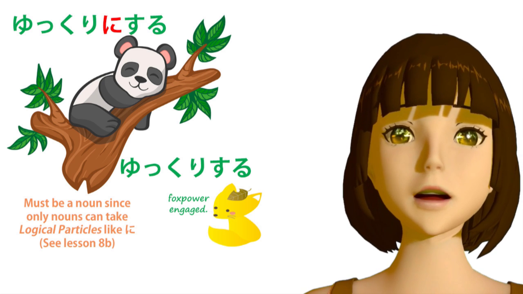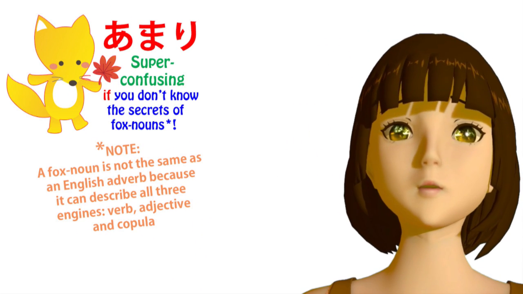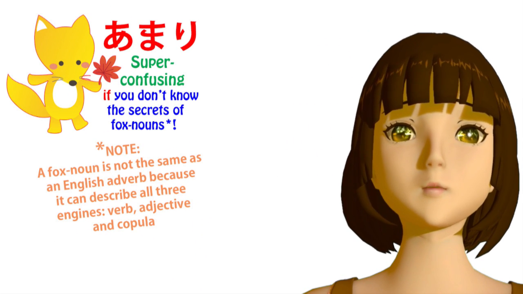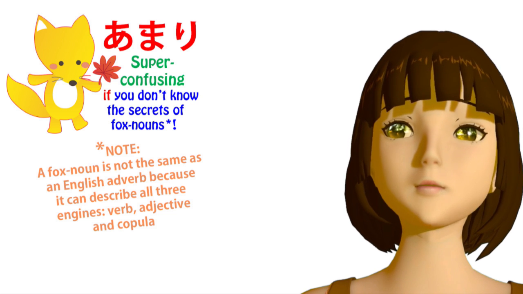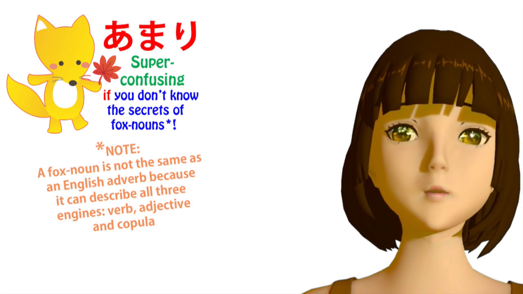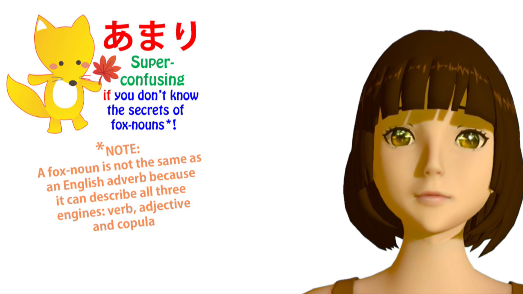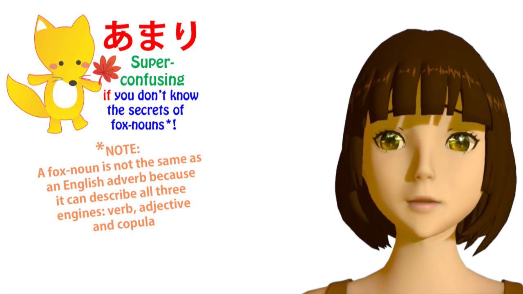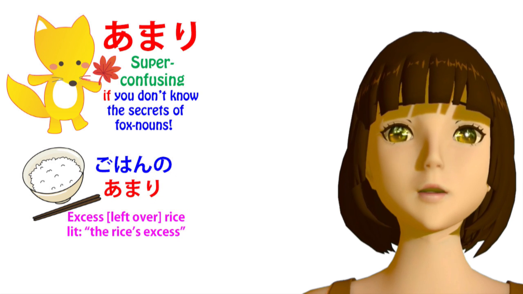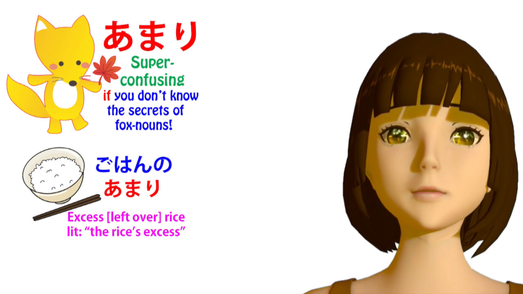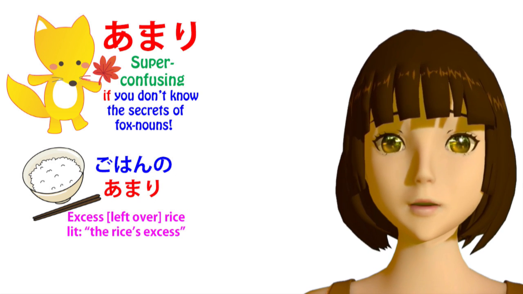Let's take another one, amari. Now this noun is usually explained in a way that's completely confusing. Amari is a noun, and what it means is excess. You can use it in a completely literal sense. You can say gohan no amari, which means the excess rice, the leftover cooked rice.